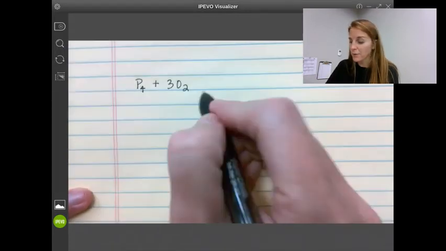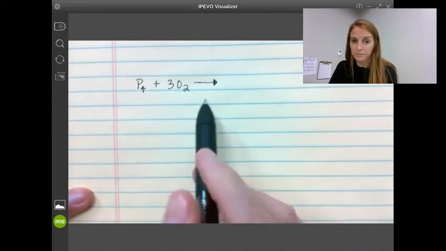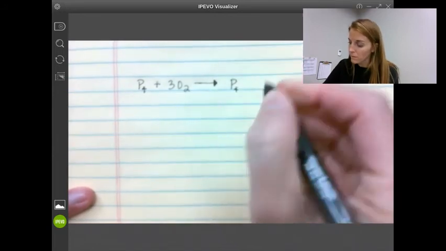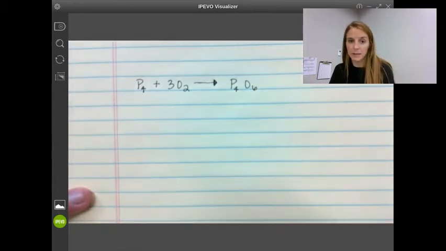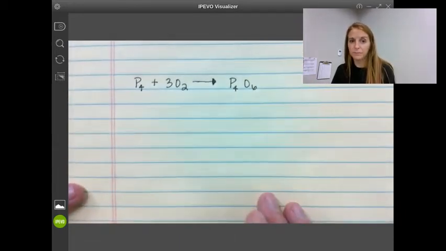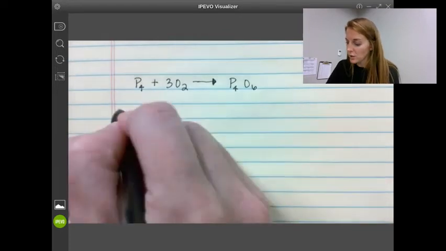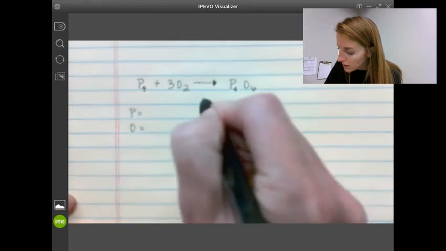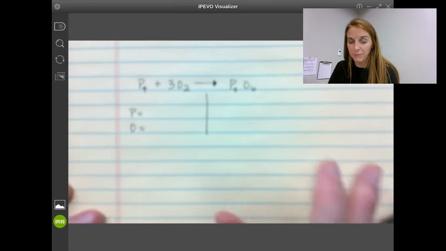We'll get back to how we do this in just a second. Yields P4O6. Okay, so let's see how many I have of each. So I have phosphorus, oxygen. I'm going to draw my line down the middle where the arrow is to show that I'm splitting up the two sides.